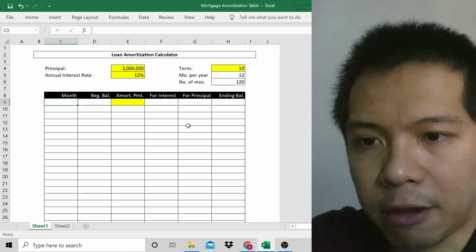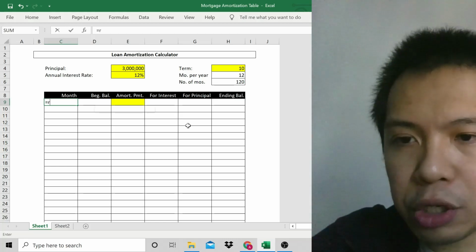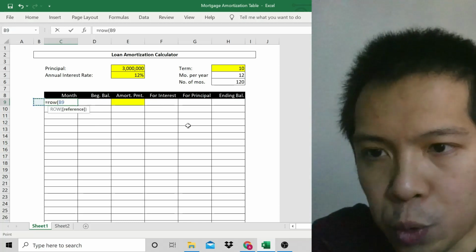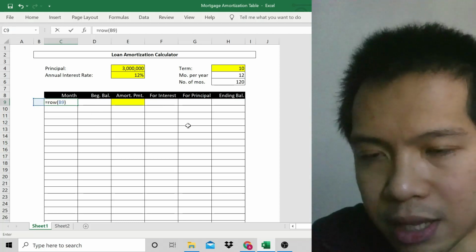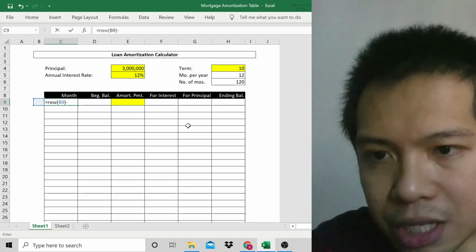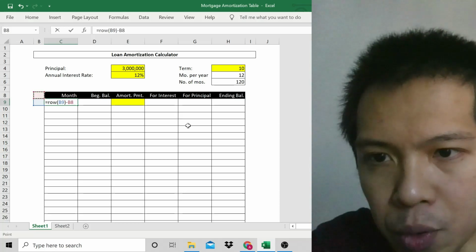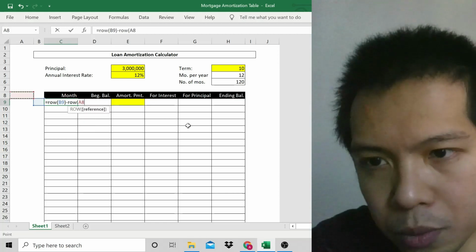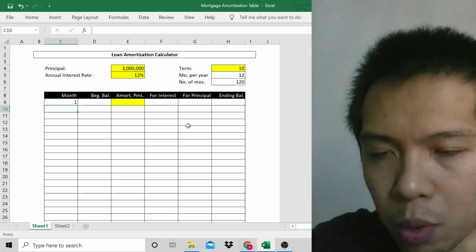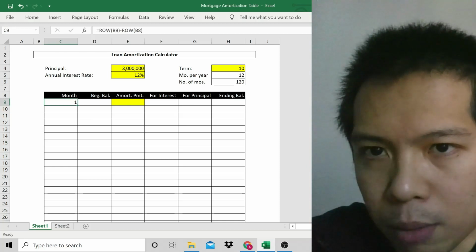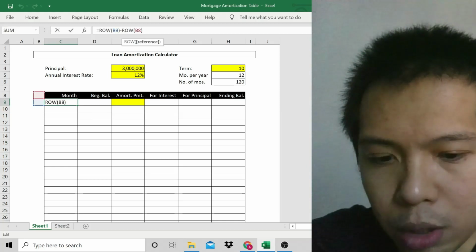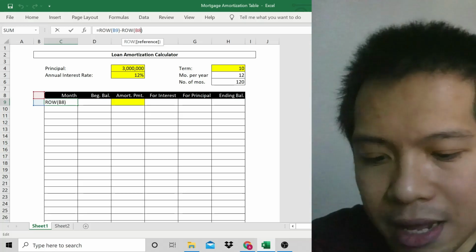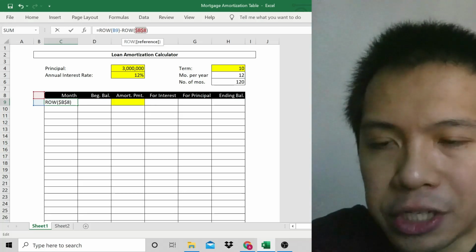So this would be the first month. I'm going to use a special formula: the ninth row minus the 8th row. Now make sure that for the 8th row, we put the dollar sign, or simply press Fn and F4 if you're using a laptop.